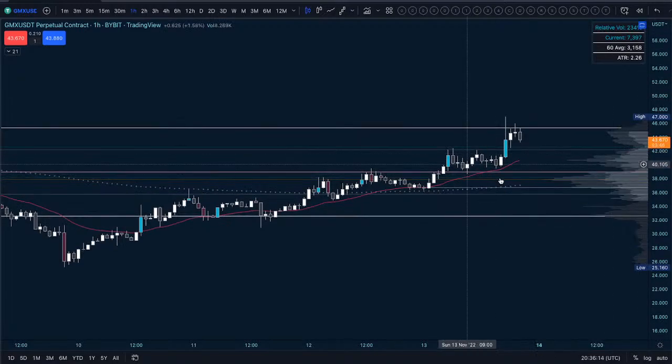Yeah, I would leave this alone for now. If it comes down there, then I would try another long. I was planning to play this breakout, but I didn't catch it, so.